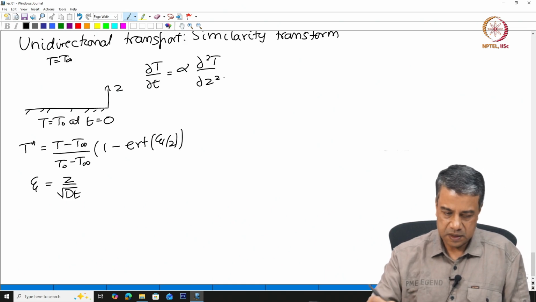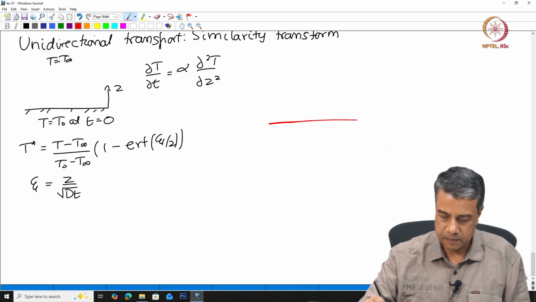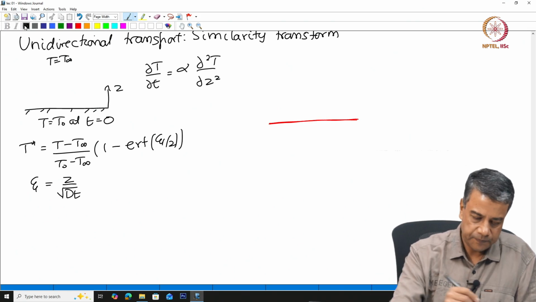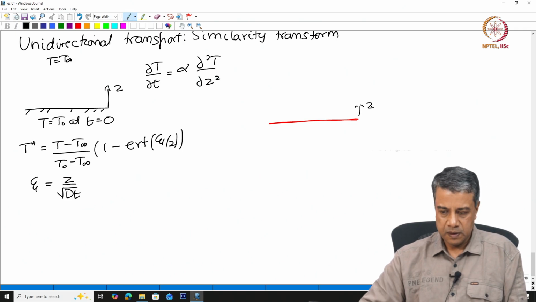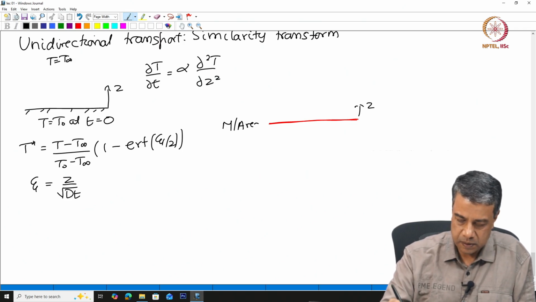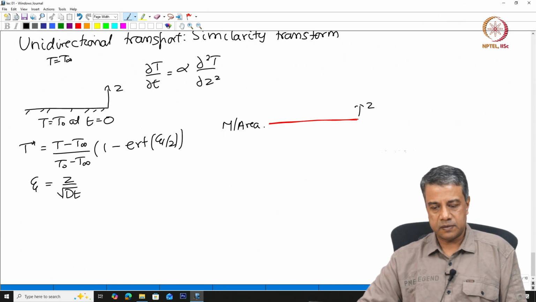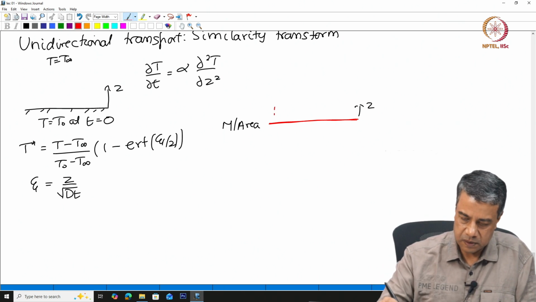The second was injection of a pulse, decay of a pulse into an infinite medium, where a pulse of mass m per unit area is injected at time t is equal to 0, and then that spreads into the medium due to diffusion.